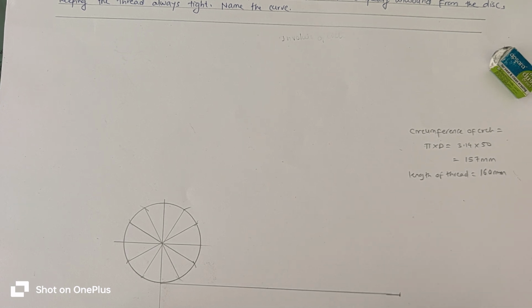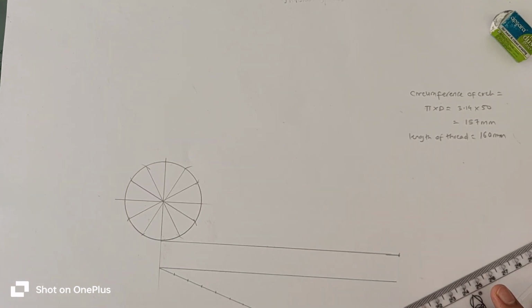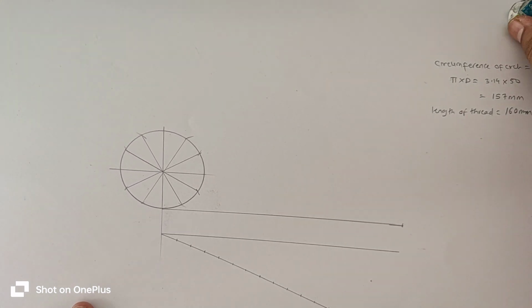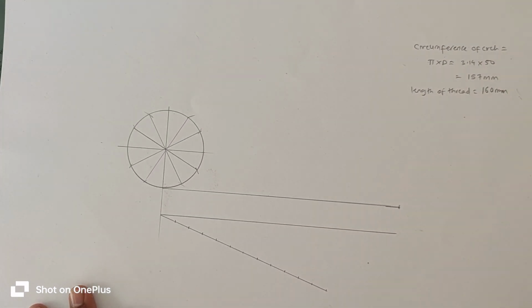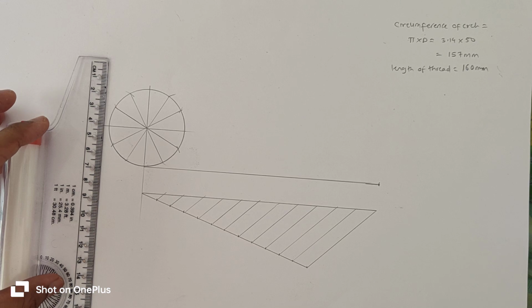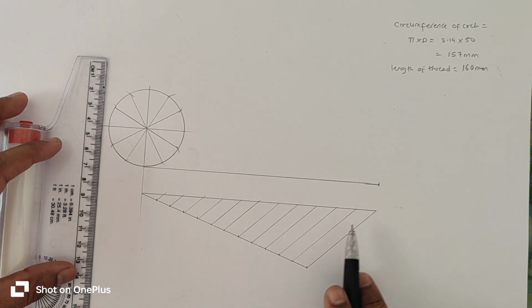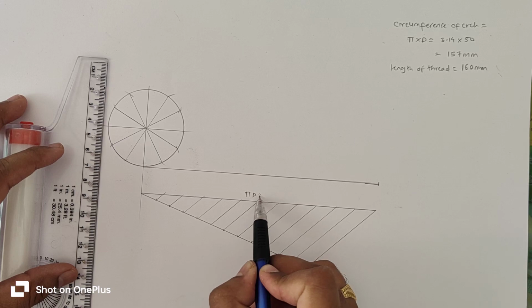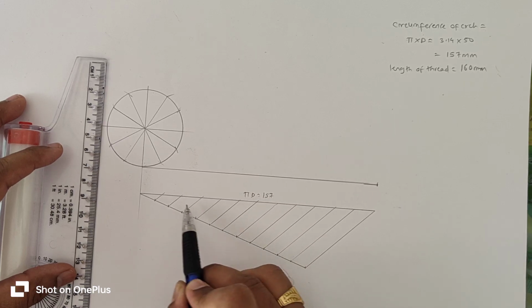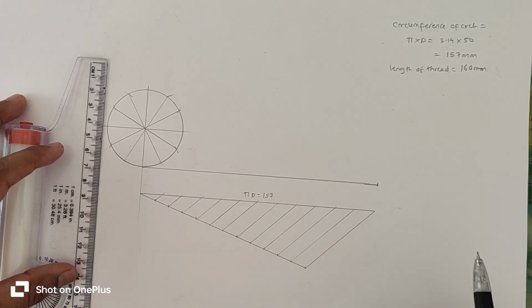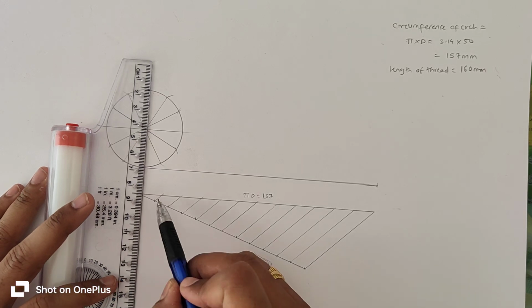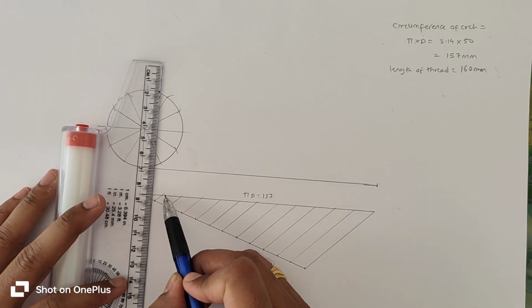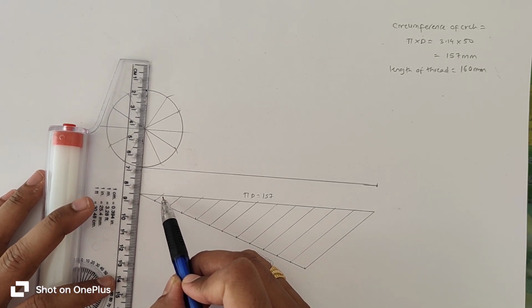These are the 12 parts of length pi into d. These are the 12 equal parts of 157 mm. Then from these points draw vertical lines to the upper line.